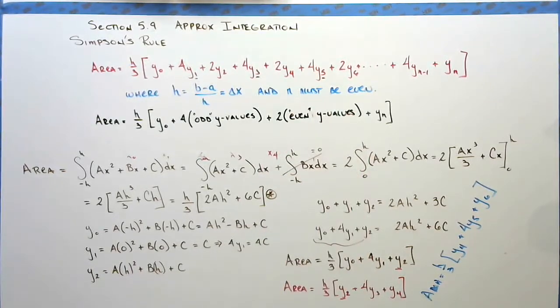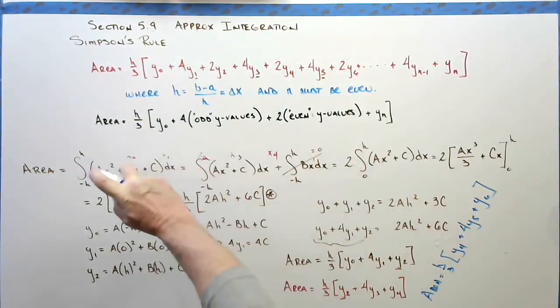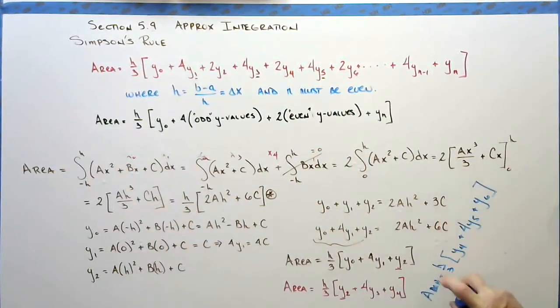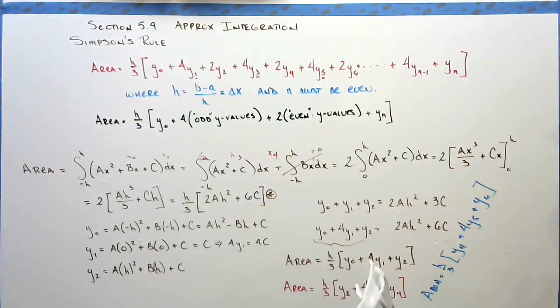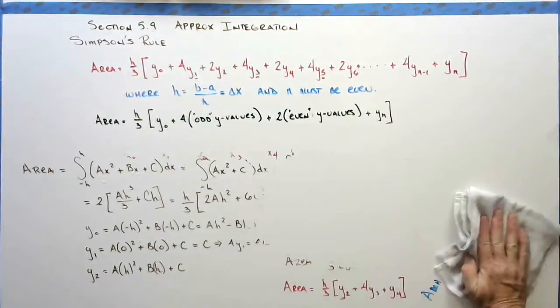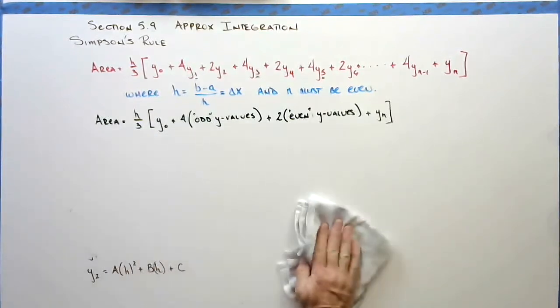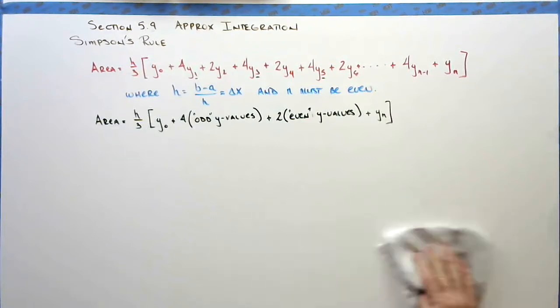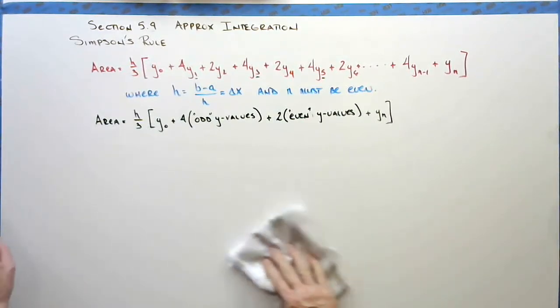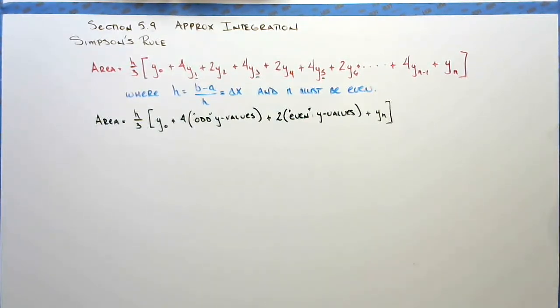Now, we have an error-bound formula for Simpson's rule as well. I'm not going to develop that. I'm just going to write it down. It's worthy to note that Simpson's rule is more accurate than the trapezoid or the midpoint rule. We wouldn't be concluding our discussion of approximate integration if we were going to give you the fifth method and say, oh yeah, and by the way, it's the worst one of all of them.